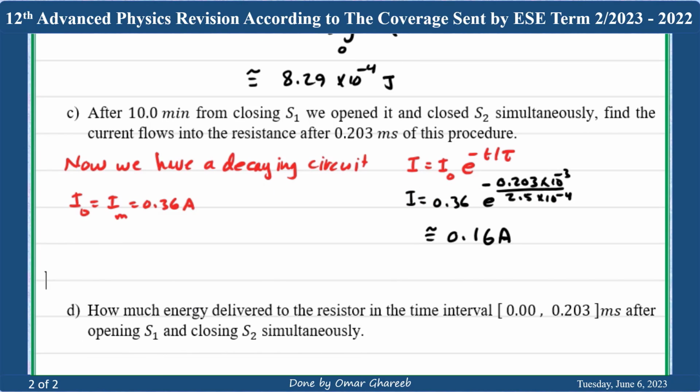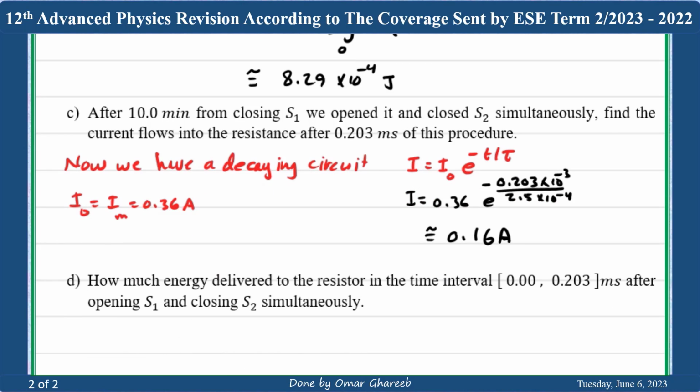Now, how much energy is delivered to the resistor in the time interval 0 to 0.203 after opening S1 and closing S2 simultaneously? Here we have to find the energy delivered in the resistance.